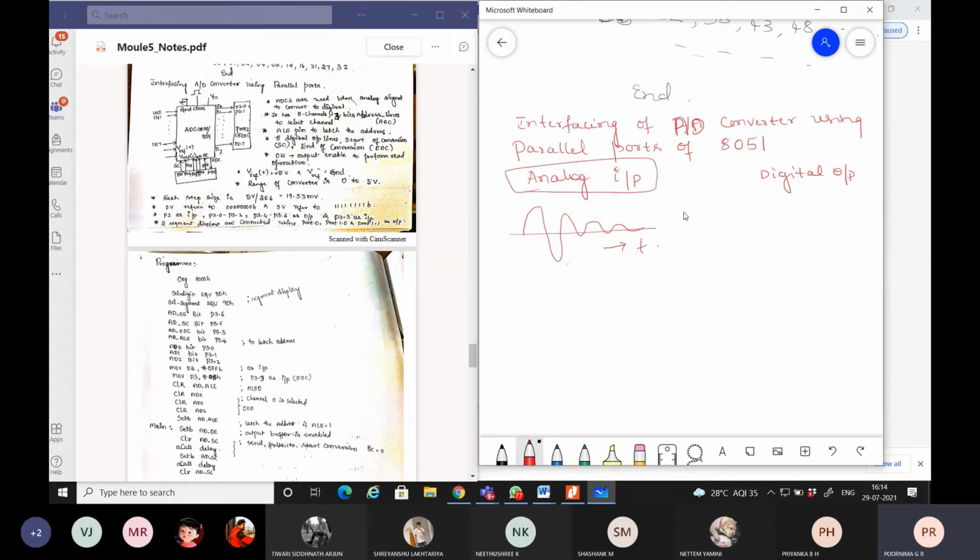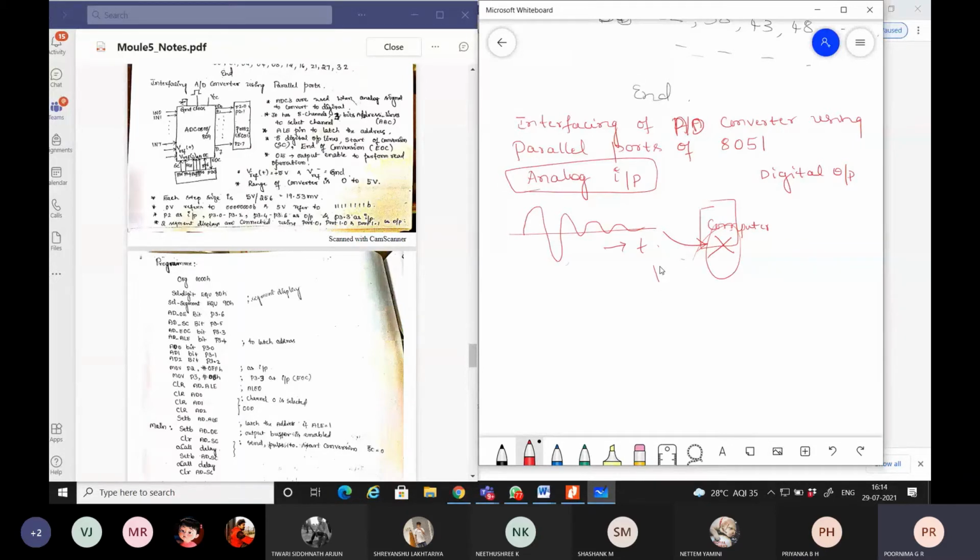Such an analog signal, when you want to feed it to your computer for analysis, the computer is not able to accept this information because it is not able to understand it. Then how can this computer be made to understand this analog information?